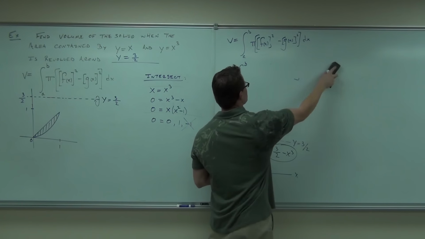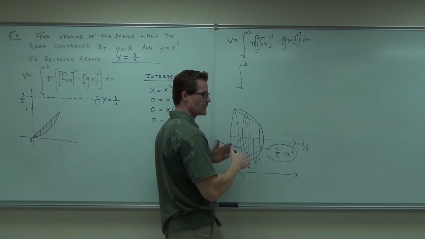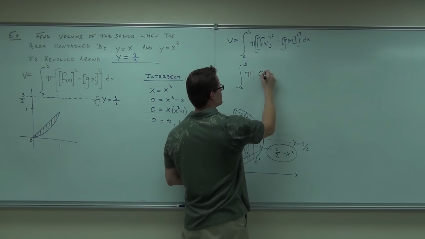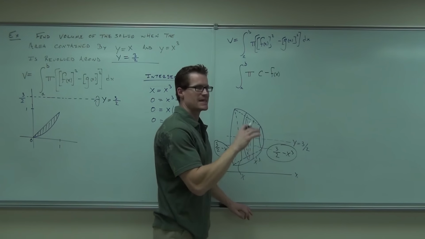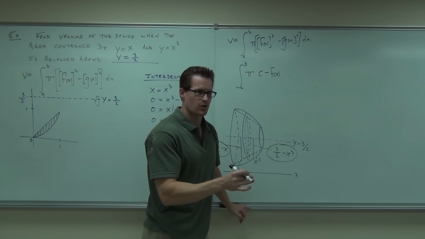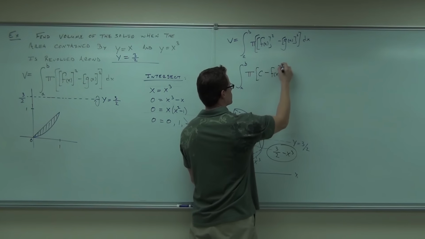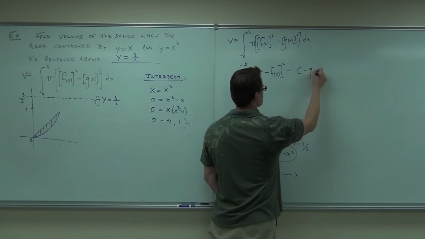It says, well, really what we have is the y equals a constant minus the, in this case, it's the outside function, not the top function, the outside function. I know it's weird to think about. Outside function. Inside function.